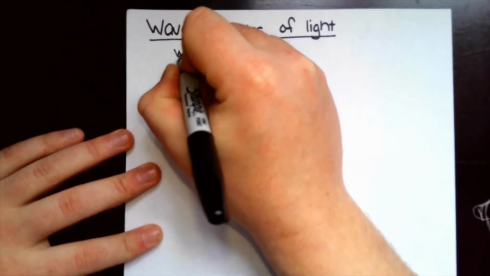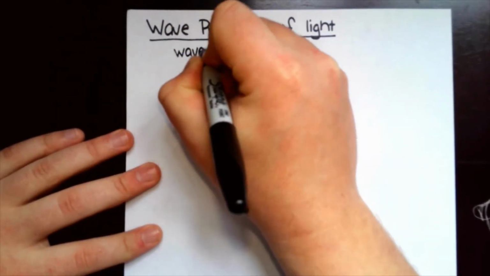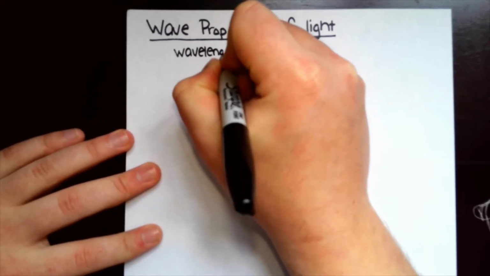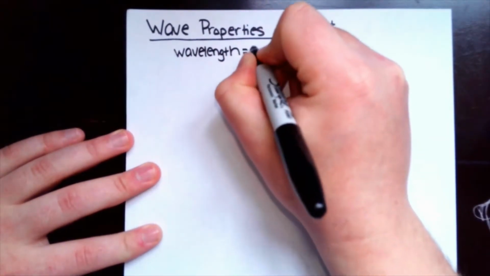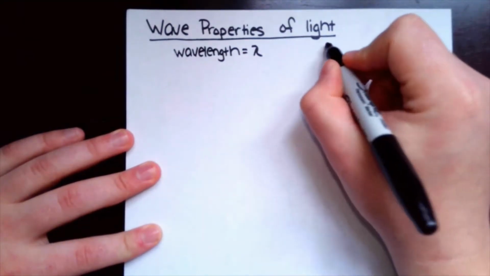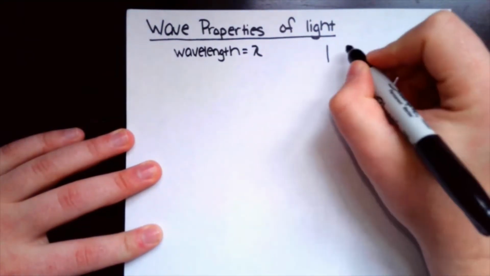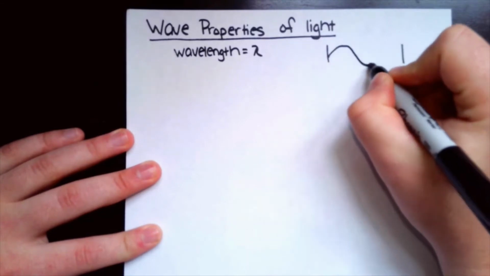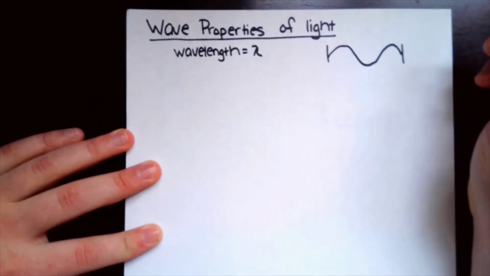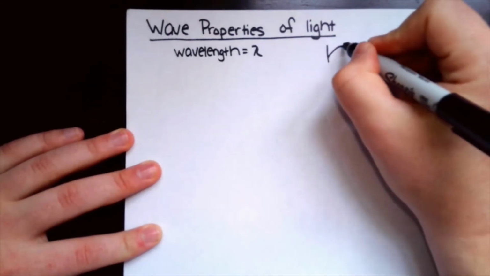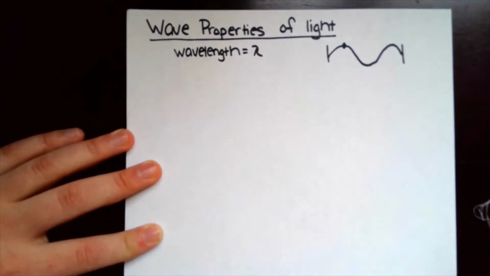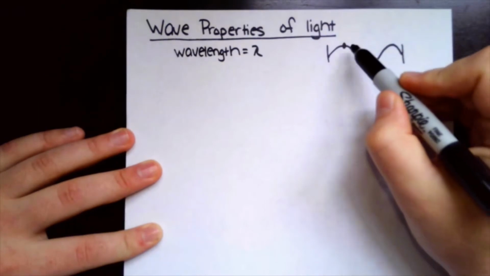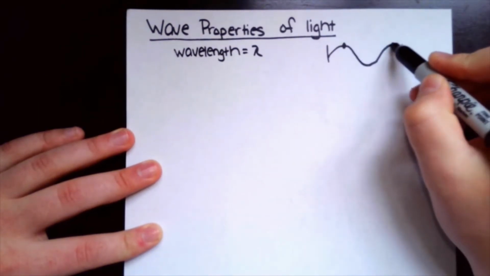Wavelength, which is represented by the Greek letter lambda. So let's say we just have a curvature here. You can pick any point on the wave, usually one of the peaks or valleys is a good idea, and measure however long it takes to get back to that point.